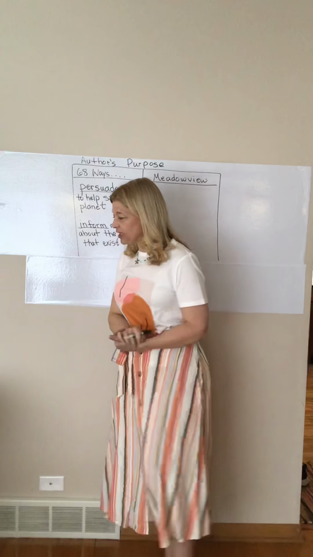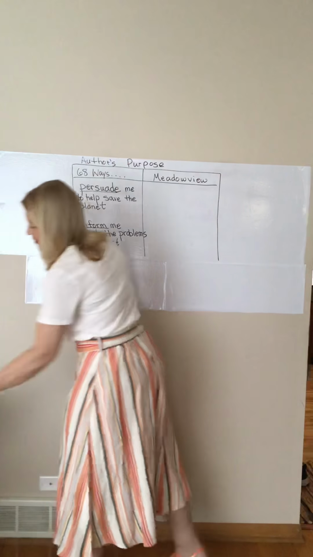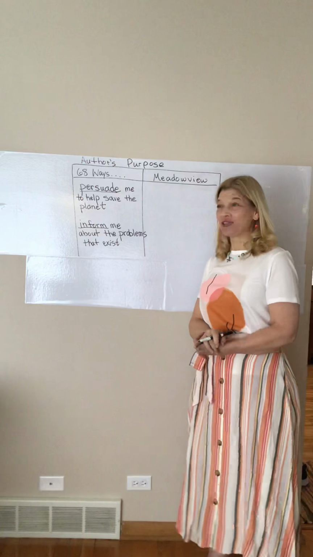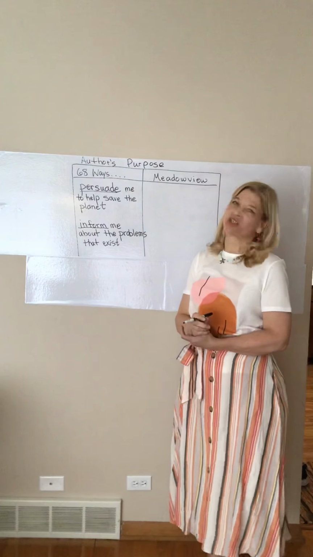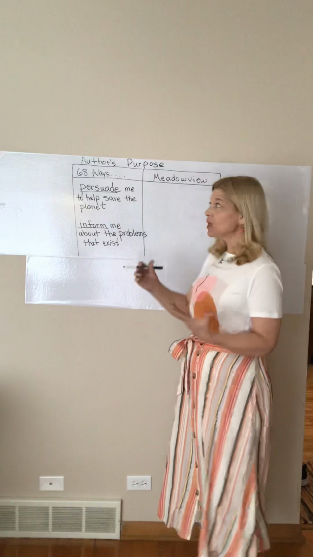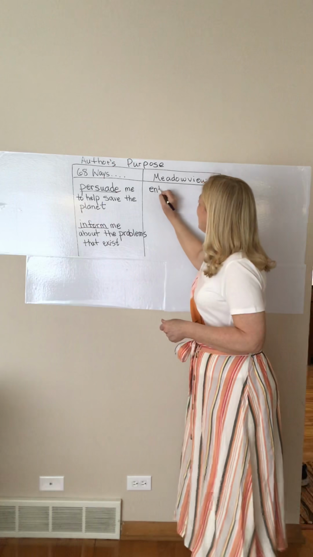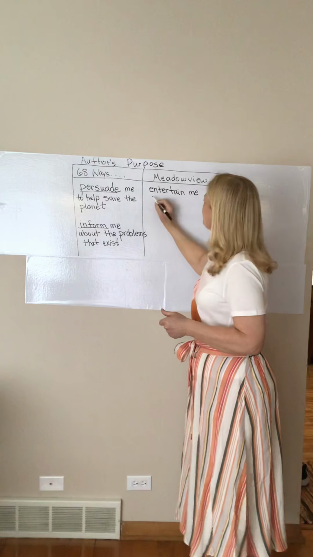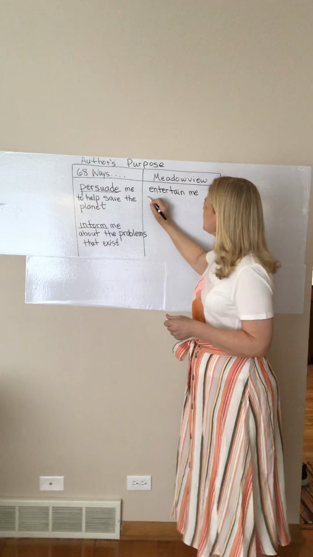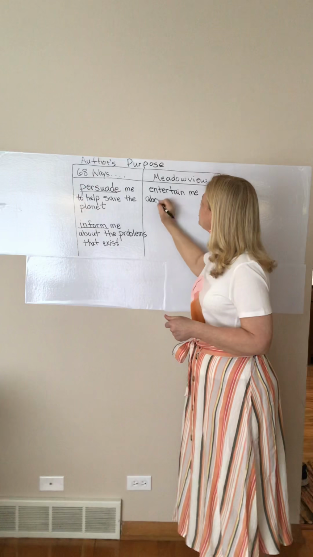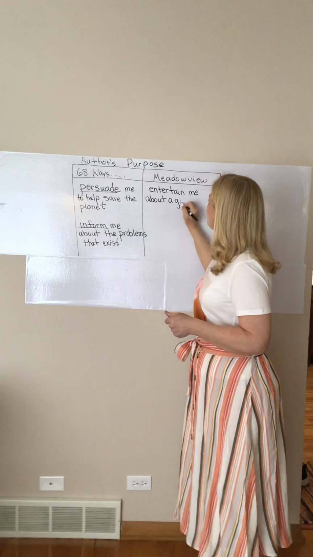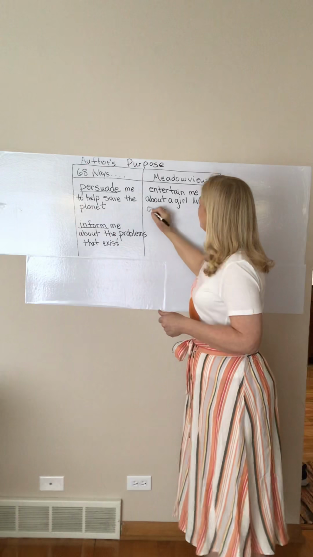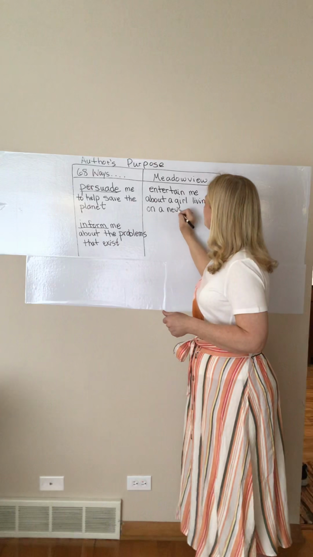Now I'm going to look over here at my Meadowview. I think that was a little bit more of an entertaining story. It wasn't informational text, it was fictional text. So I'm going to say, entertain me, let's see, about a girl living on a new street.